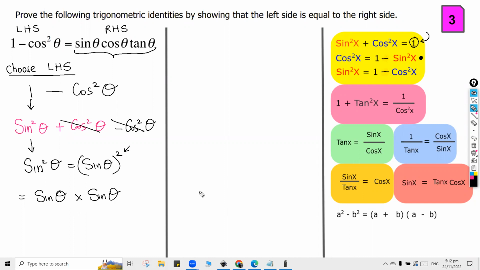And if you look down here in the, I'm not sure what color this is, we'll just call it red, couldn't we take one of the sines and replace it with tan multiplied by cosine? Just one of them, not both of them. There's no law saying we have to replace both of them. It's up to us if we want to replace both or one or none. And if we do that, I'm going to replace this one. Sine is the same thing as tan multiplied by cos, the same thing as cos multiplied by tan.